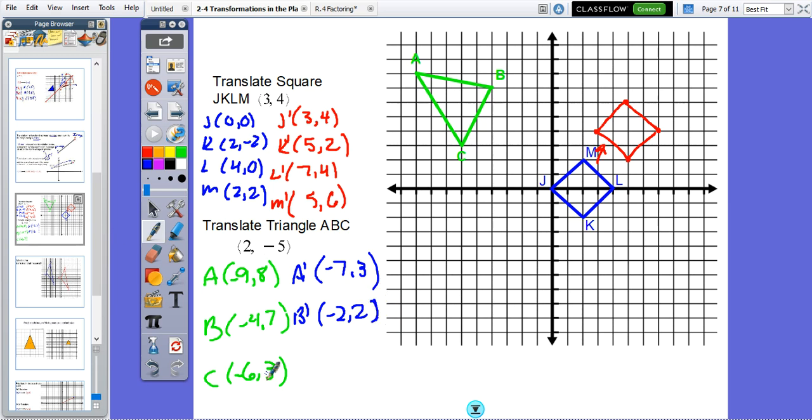All right, sorry about that. And then C prime will be at -4, -2. Again, same shape, same orientation, just shifted downwards based off the vector.